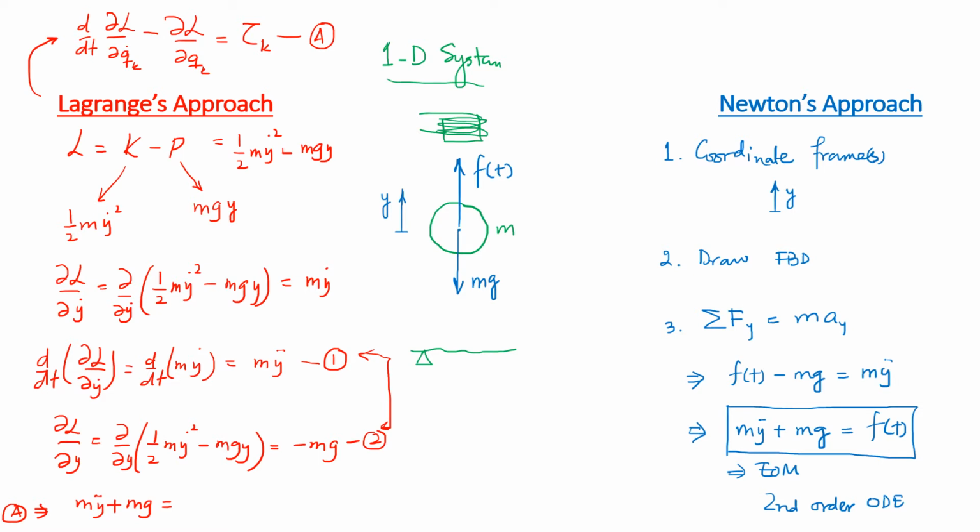So that's why it is going to be simply f of t. And this is the equation that you have derived already using Newton's approach. And you can see that happening right over here.